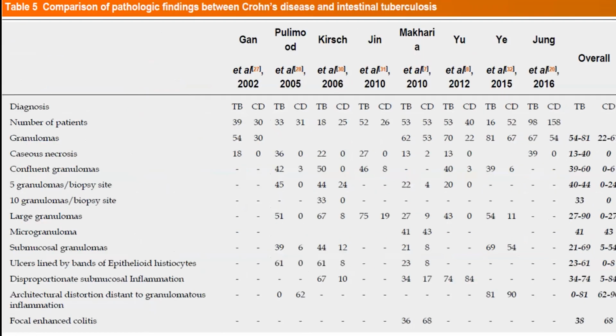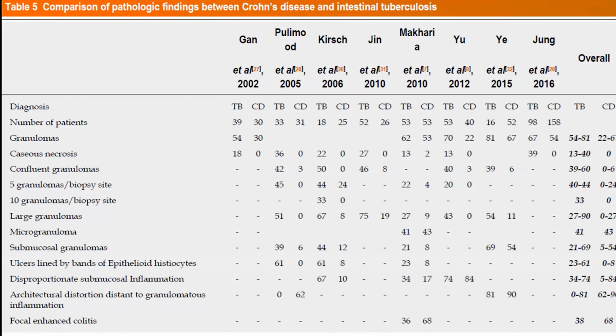Coming to histopathological features, there are 2 or 3 features that can differentiate. If there are more than 10 granulomas per biopsy site, it is not seen in Crohn's disease, so seen only in tuberculosis. Caseous necrosis is also not seen in Crohn's disease, only in tuberculosis.